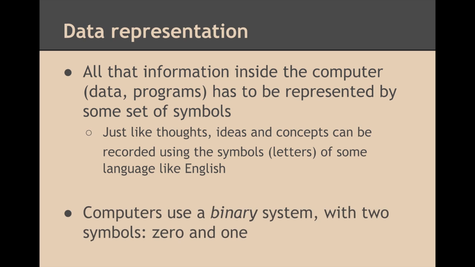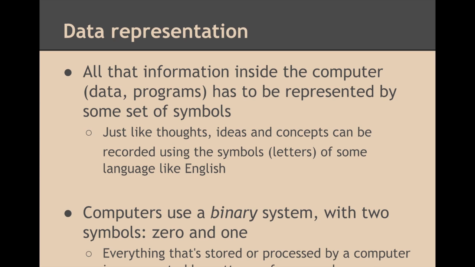Okay? Computers use a binary system, though, where they have only two symbols, zeros and ones. So in English, we have 26 letters, we have all of our punctuation, we have space, we have the digits, and we use all of those pieces to set down our thoughts. But computers have to do all of that using only zeros and ones, patterns of zeros and ones.